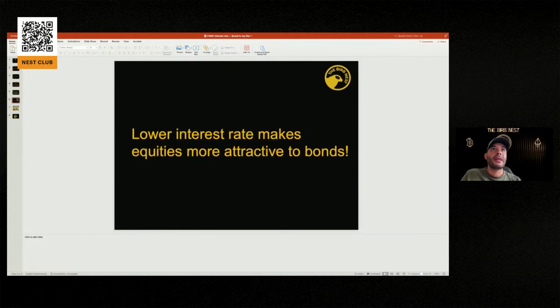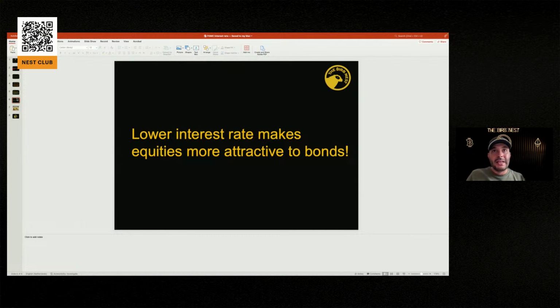So now, lower interest rates make equities more attractive relative to bonds. That's probably the only thing you need to remember.